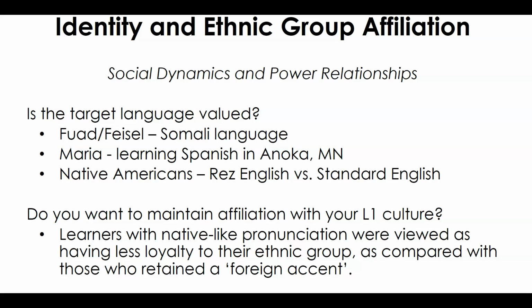As you learn more language and maybe move away from your L1, how your L1 culture and the people around you view the language you are learning has a strong impact on how much you learn, your views towards it, how much you retain, the accent you use, all of those types of things.